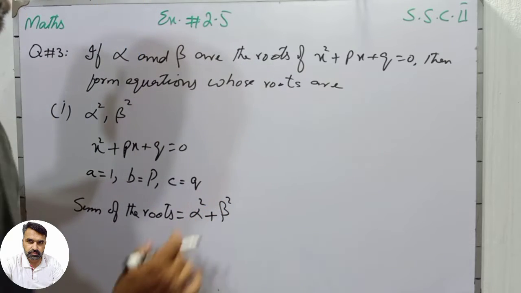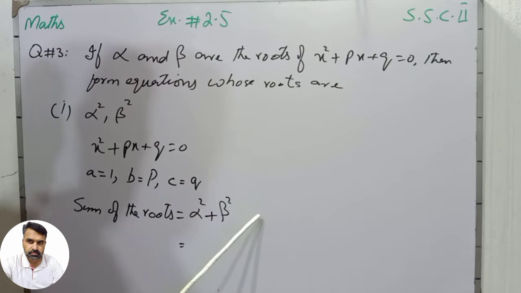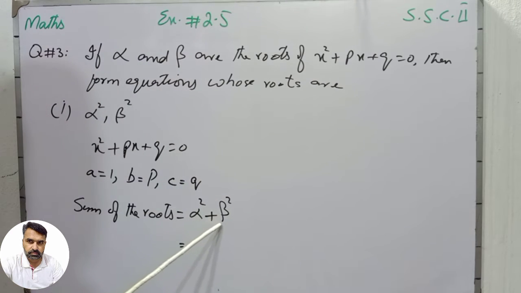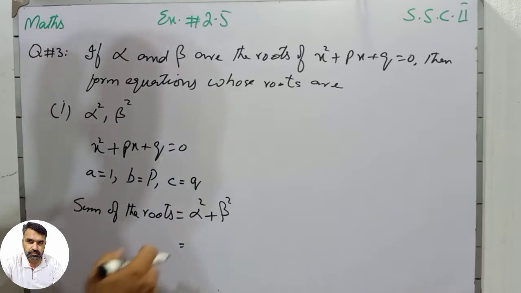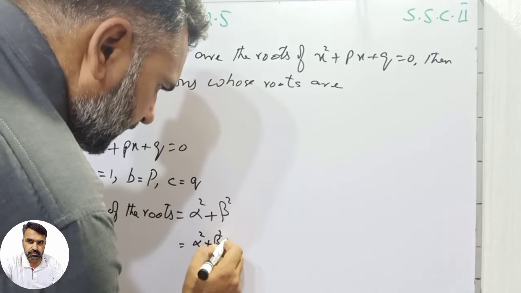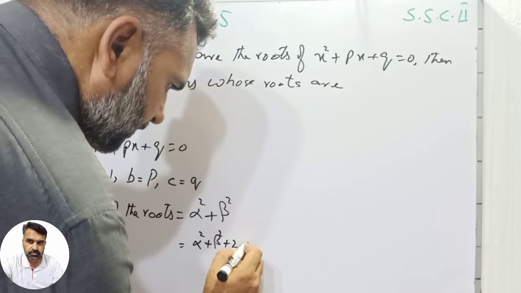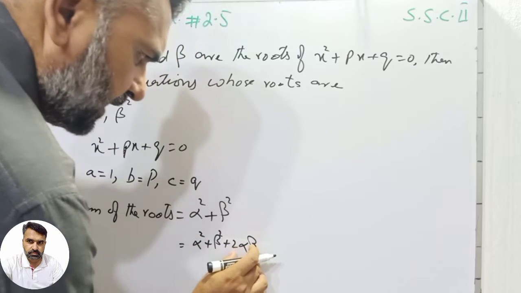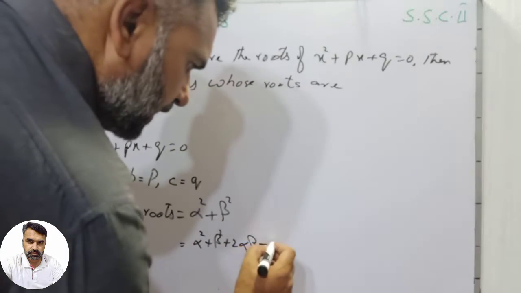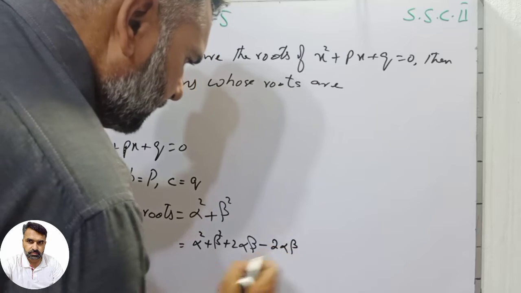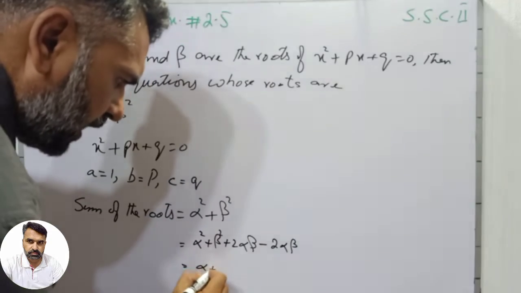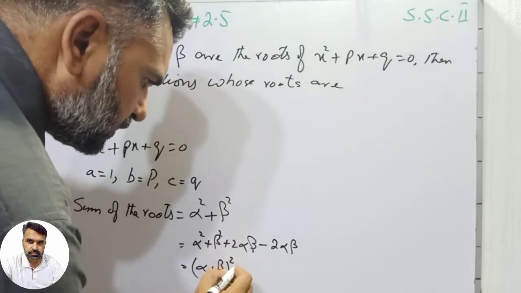We will add 2 alpha beta as well as subtract 2 alpha beta, so that we will get alpha plus beta whole square and 2 alpha beta. So students, we will have alpha square plus beta square plus 2 alpha beta. 2 alpha beta is added in this equation by our side, so we will have to subtract 2 alpha beta as well. And students, these first three terms will be packed in the formula alpha plus beta whole square minus 2 alpha beta.